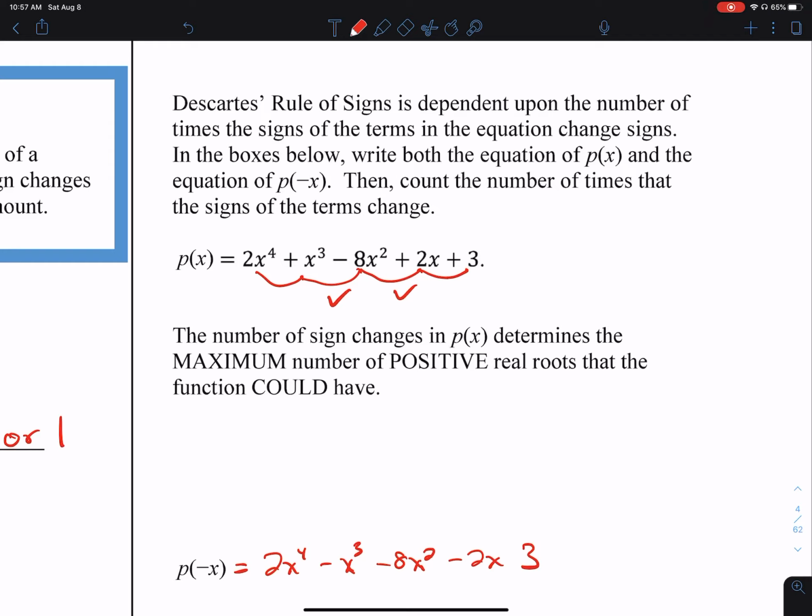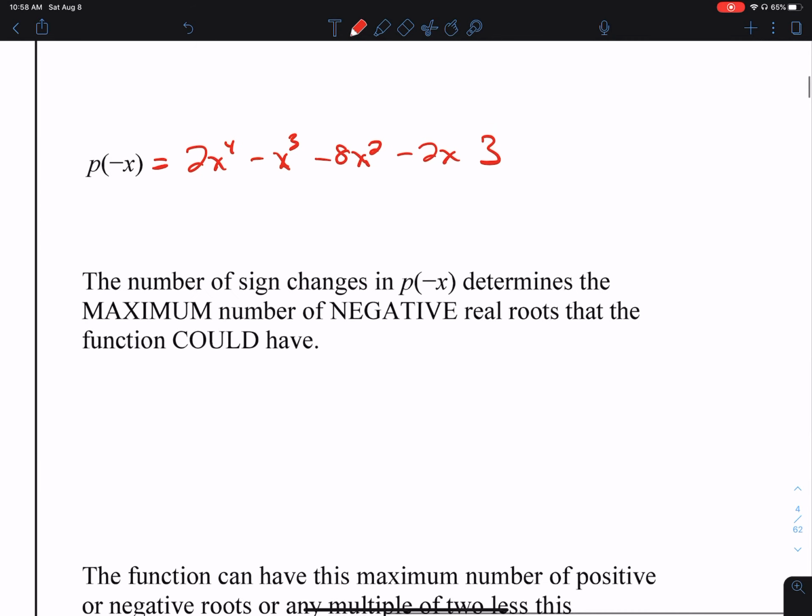The number of sign changes in p of x determines the maximum number of positive real roots that the function can have. So the maximum number is 2, because there are 2 sign changes. And this is for positive real roots. If we take p of negative x: sign change, no sign change, no sign change.